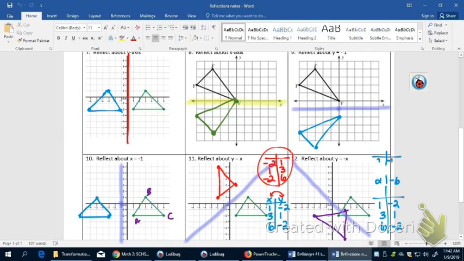That should have been negative 1, negative 3. See if that makes it look better. A little bit.